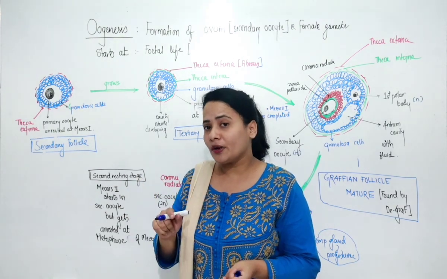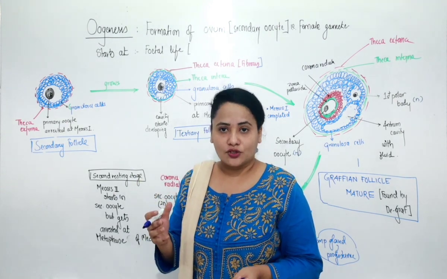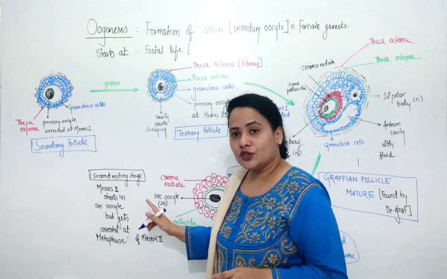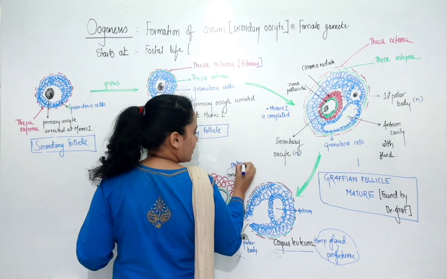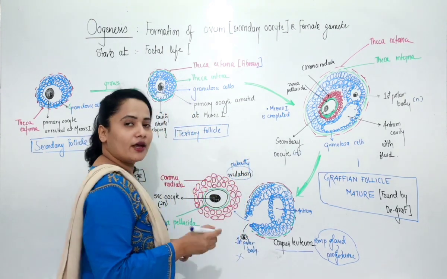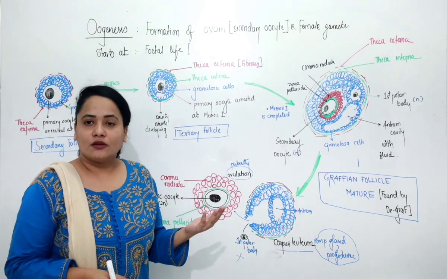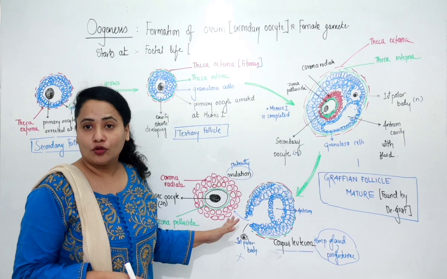If the sperm does not penetrate, it will remain at the secondary oocyte stage and degenerate. I'll just write it over here: ovulation starts at which stage? We'll say that it starts at puberty, right? When the female is sexually mature, she starts releasing ova from the ovary.